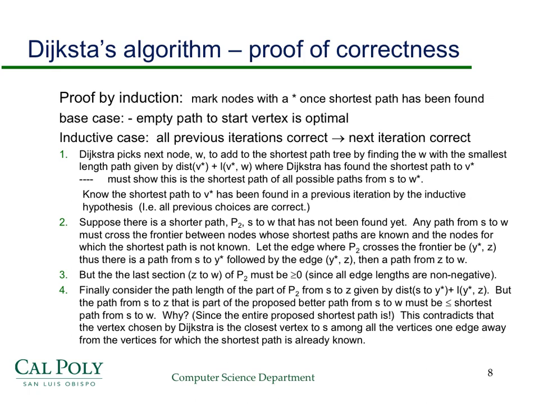So now I'll be a little bit more formal about the proof. We're going to mark vertices with an asterisk once we know the shortest path for them. And basically the proof is going to be an induction on the number of vertices for which we know the shortest path. So the base case, of course, the easiest way to do this is to have an empty path to the start vertex that has length 0.